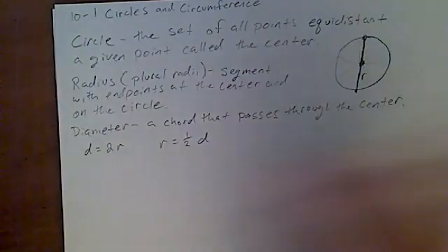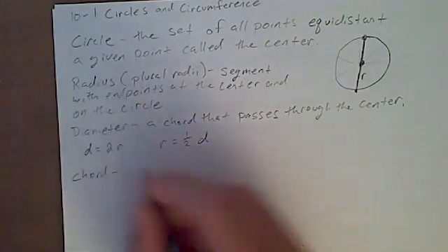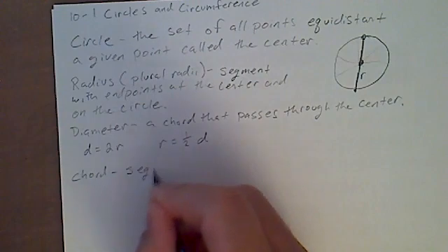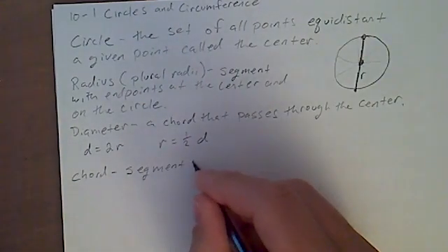Finally, what is a chord in general? A chord is just a segment with endpoints on the circle.